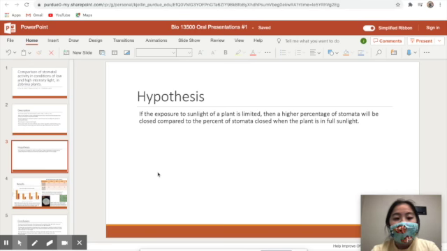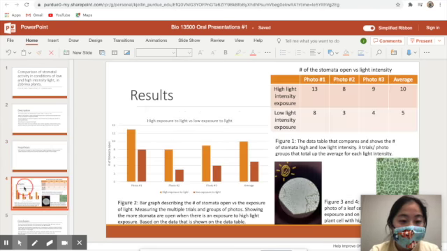So to restate our hypothesis, if the exposure to sunlight of a plant is limited, then a higher percentage of stomata will be closed compared to the percent of stomata closed when the plant is in full sunlight or full high light exposure.